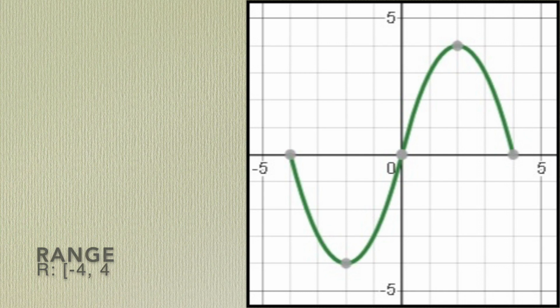So we would put +4 and close bracket. So our range is bracket -4, comma 4, bracket in interval notation. In set notation, it would be brace y such that -4 is less than or equal to y is less than or equal to 4.